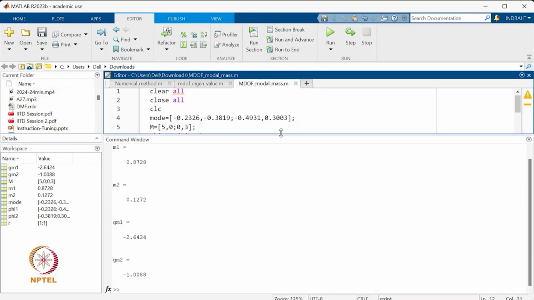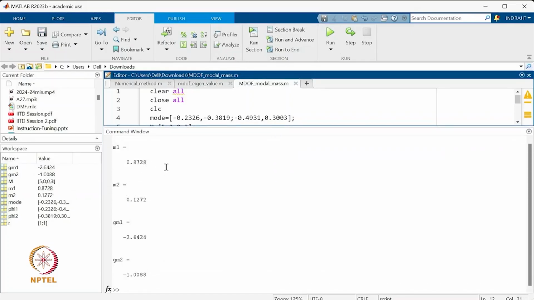So you see, one is coming around 87.5 and the other around 12.5, and the participation factors are coming minus 2.64 and minus 1. So that is telling that whatever the direction you are giving the force, in the equivalent single degree of freedom system the phi1 should be opposite, because phi itself has a negative value.